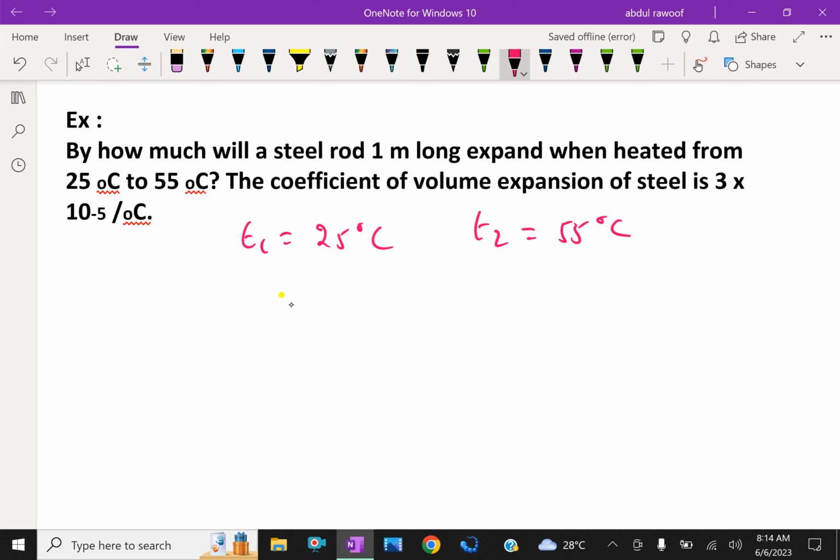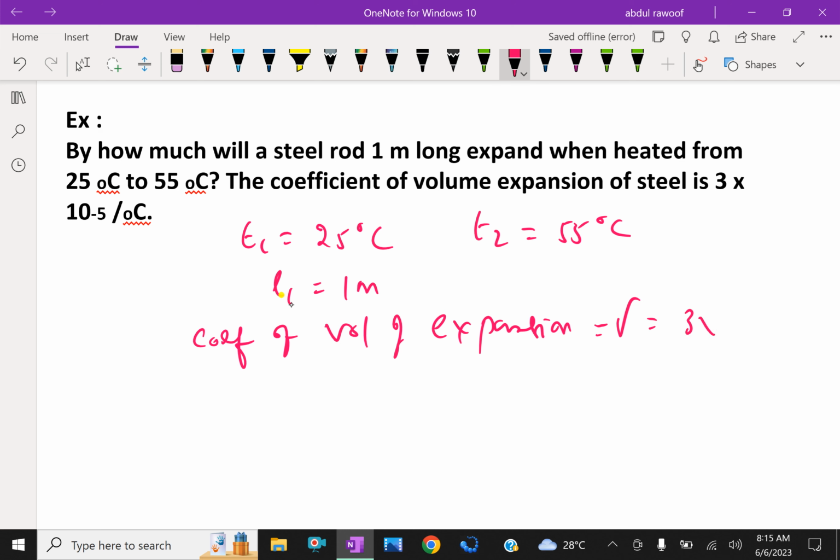The initial length L1 equals 1 meter. The coefficient of volume expansion gamma equals 3 into 10 raised to minus 5 per degree Celsius.